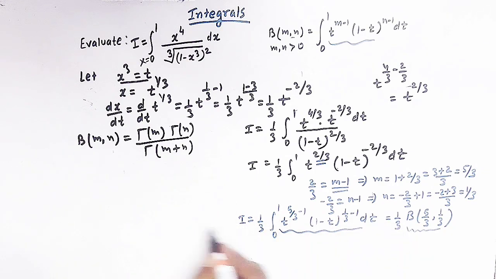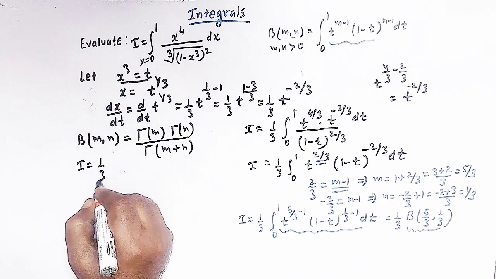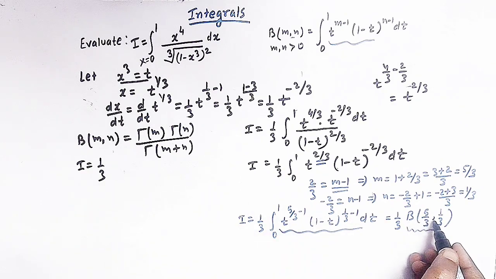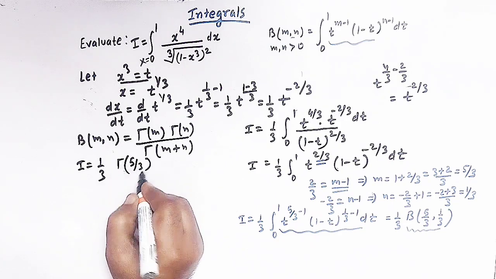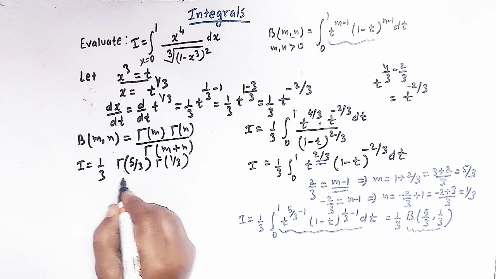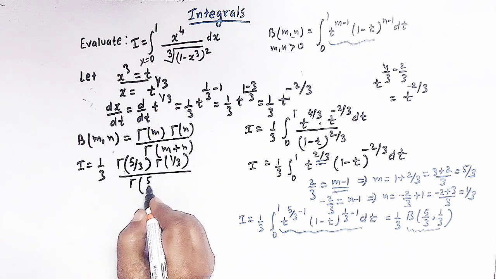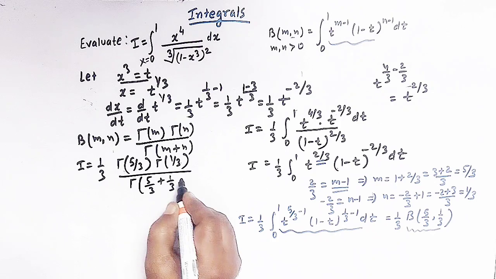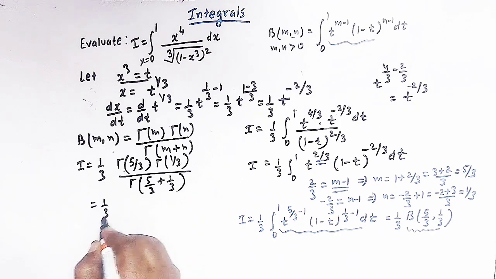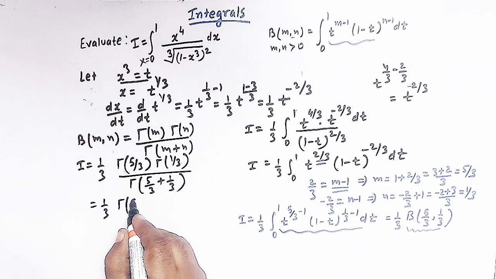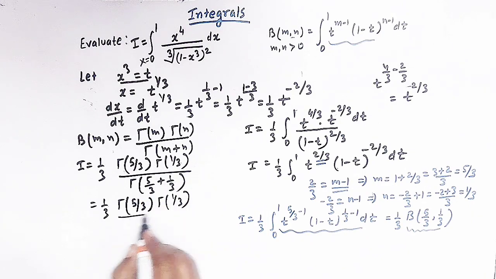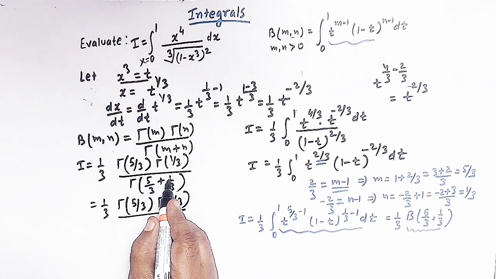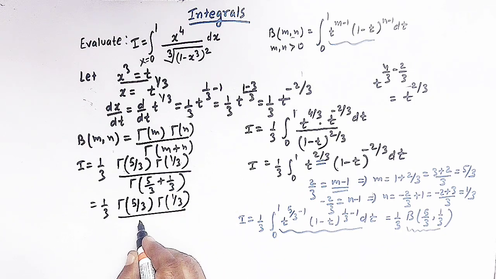So now this integral I is equal to 1 over 3 times beta 5 over 3 comma 1 over 3, which is equal to gamma 5 over 3 times gamma 1 over 3, divided by gamma 5 over 3 plus 1 over 3, right? So this is 1 over 3 and gamma 5 over 3, and then we have gamma 1 over 3, and here 5 plus 1 is 6, 6 over 3 is 2, so we have gamma 2.